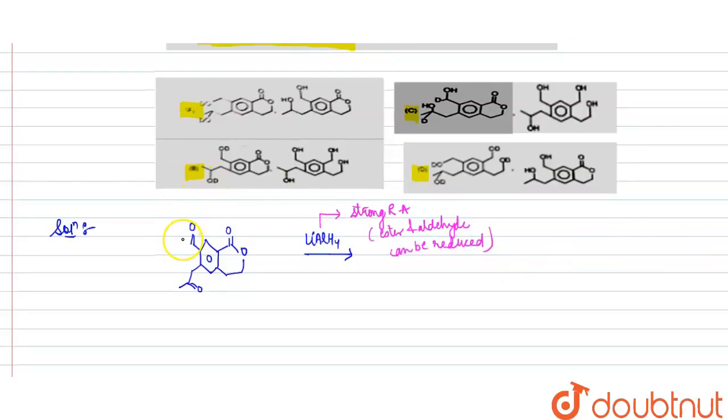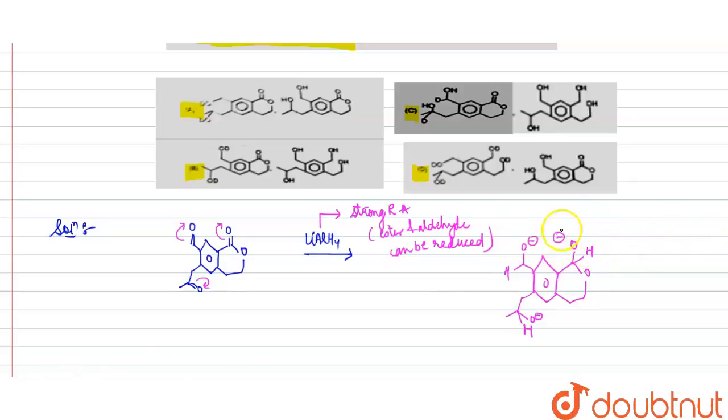So what will happen when this reaction proceeds? This pi bond will shift onto the oxygen and there will be a negative charge on the oxygen. So this will be the intermediate formed. Here we have oxygen, then oxygen like this, oxygen with a negative, hydrogen will attach. Here also we will have oxygen with a negative, methyl group already present and hydrogen. Then we have our oxygen with a negative and here hydrogen will attach.